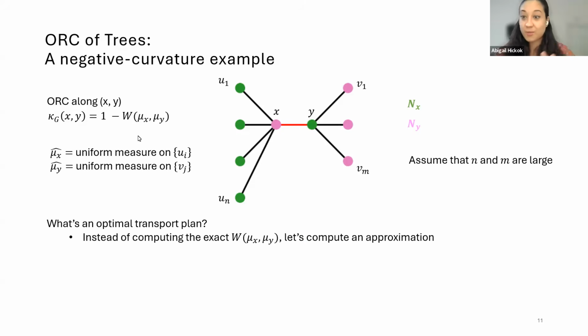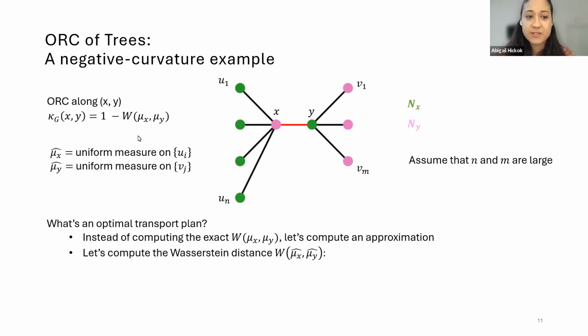We're going to calculate an approximation instead. So instead of looking at the Wasserstein distance between mu x and mu y, let's define mu x hat and mu y hat to be the uniform measures on these nodes on the left and these nodes on the right, respectively. So just ignoring x and y themselves.